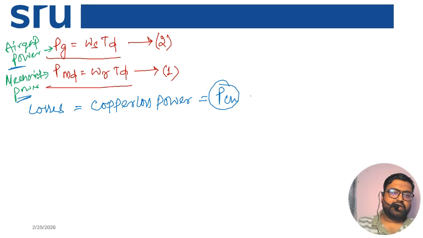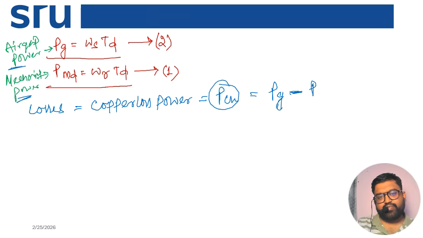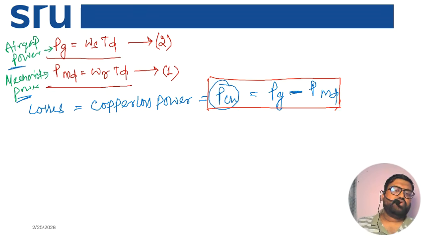What is that? That is nothing but input power PG minus PMD, right? This is equation number 3.